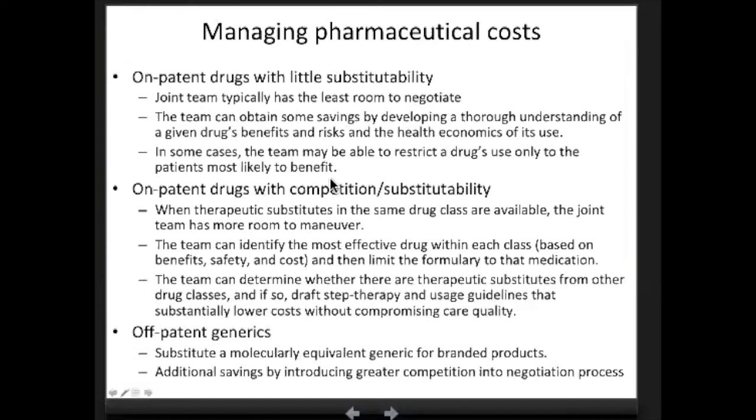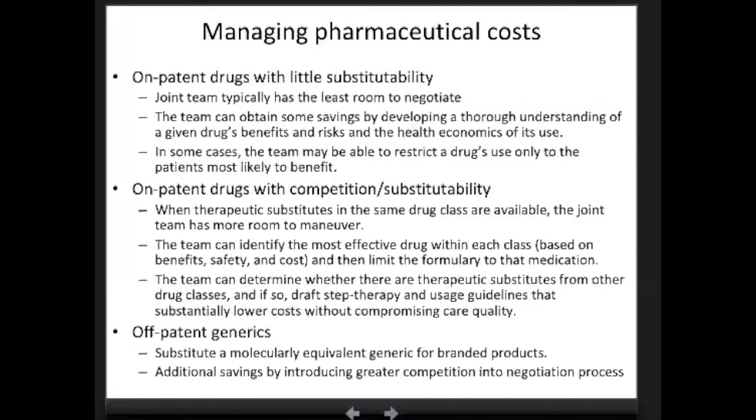And we need to know where there's room for negotiation versus where there are no room for negotiation. There's no room for negotiation, and hence something else needs to be done. So in on-patent drugs with little substitutability, it has the least room to negotiate. So the team typically looks at an understanding of the overall benefit and risk, and tries to understand the economics of its use, how it's being used.